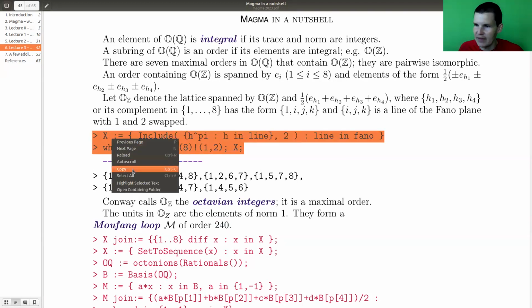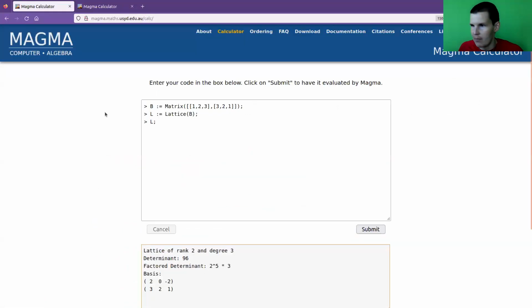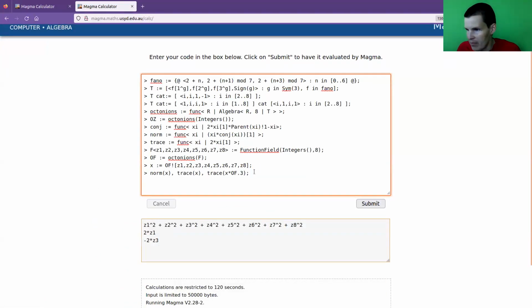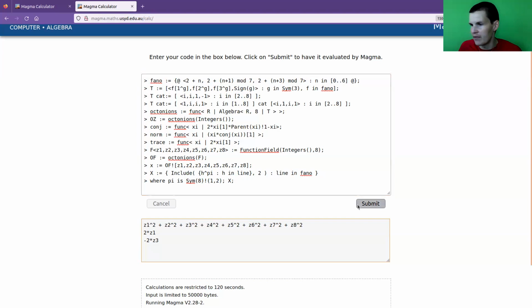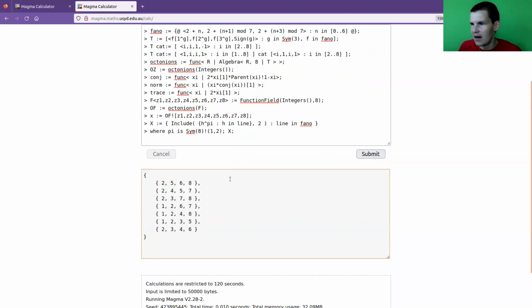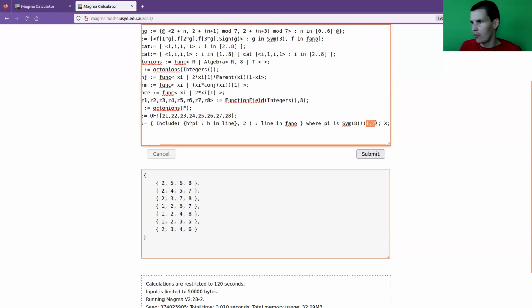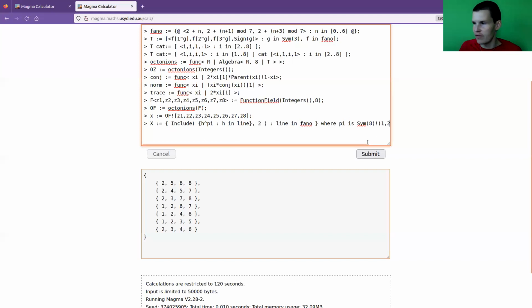And the way to set this up in Magma is as follows. I just did that here, so we don't need that here anymore. So X include, there's a certain way of doing it. It's nicely written in various forms of the literature. But anyway, so I need to define a certain set X. And essentially, the set X is including H. H is a line in the Fano plane, and the pi is just conjugating by a certain type of permutation, permuting the first two variables.